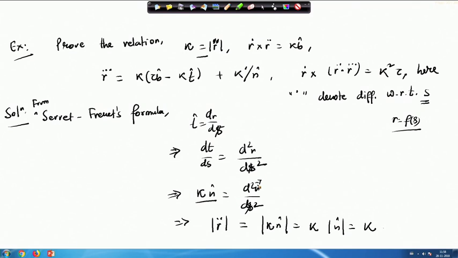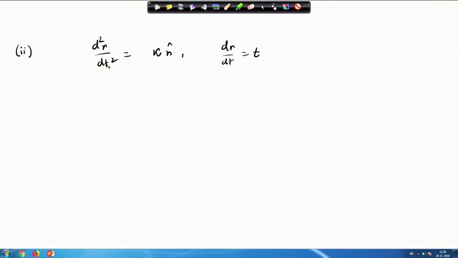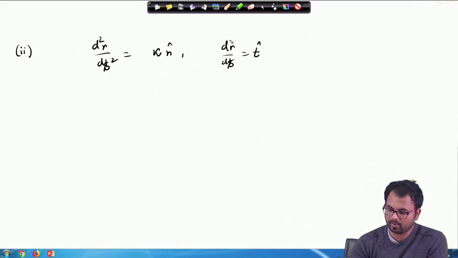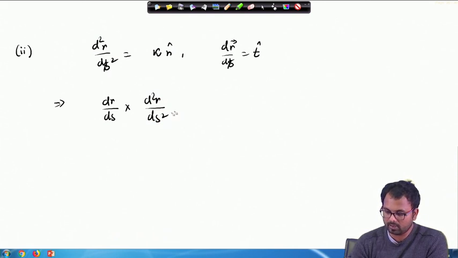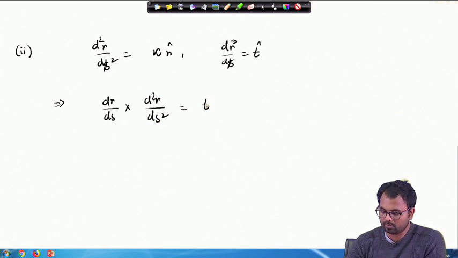All right. Now, we have d square r by ds square, and dr/ds equals t cap. So when I take the cross product, which is dr/ds cross product with d square r by ds square, then this is basically t cap cross product with kappa times n cap.